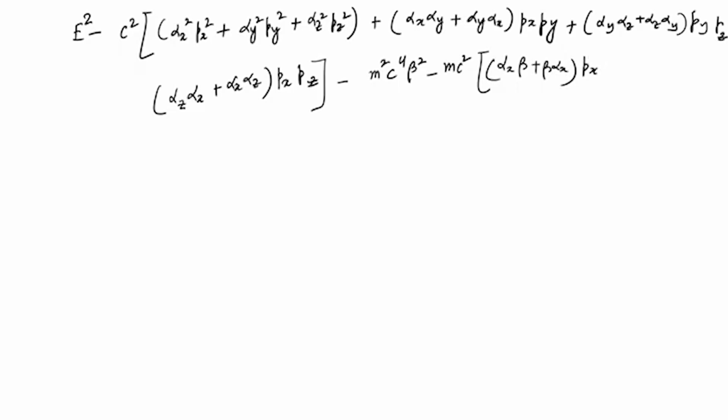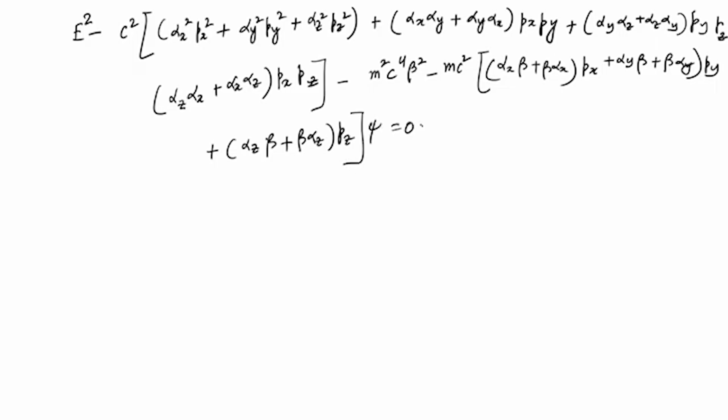There are 3 terms and this is a 3 by 3, so there will be 9 terms and so on. Plus alpha y beta plus beta alpha y, p y, and the last term is alpha z beta plus beta alpha z, p z, acting on psi, equal to 0.